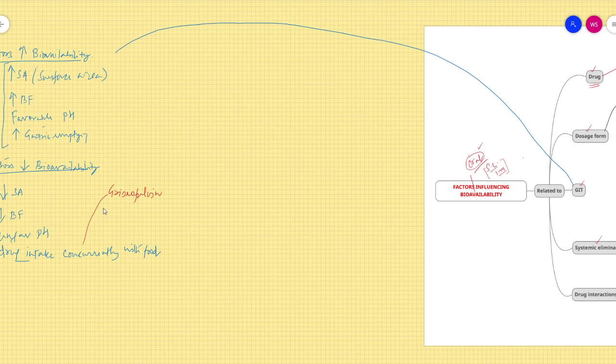Then another common example would be the antibiotic cefuroxime. This drug also has increased bioavailability when it's consumed along with food. And then there is this antiviral drug.